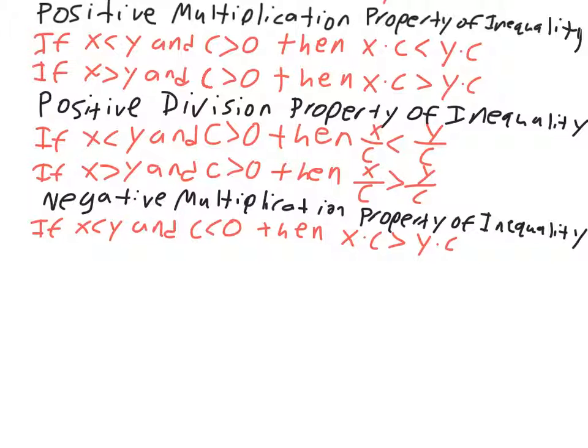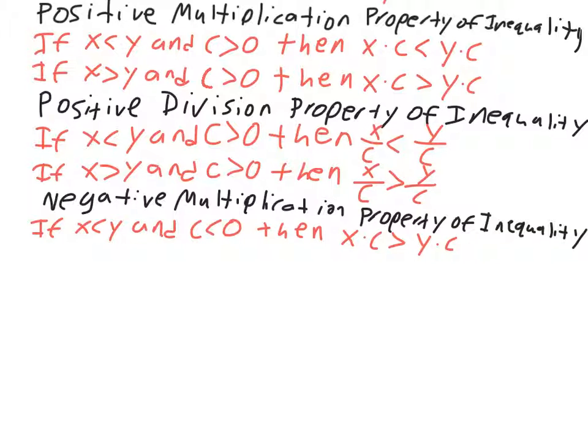So what we're essentially doing there is multiplying both sides of the inequality by a negative number, and that, as you notice, changes the inequality sign. So it went from less than to greater than.